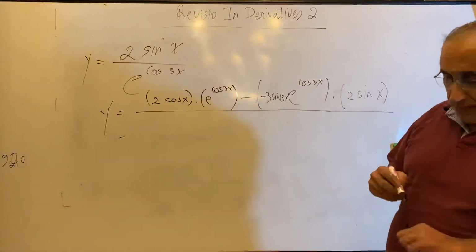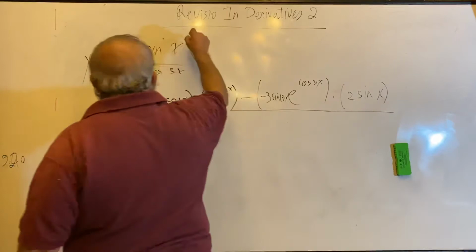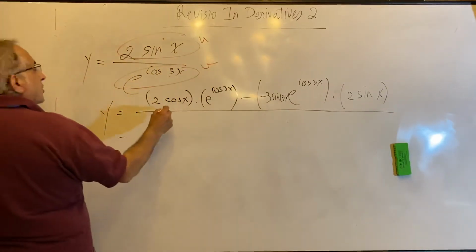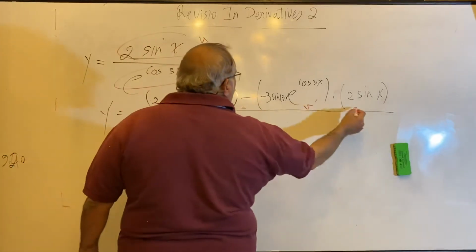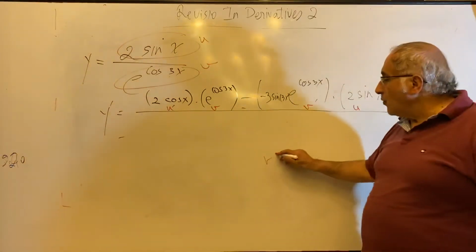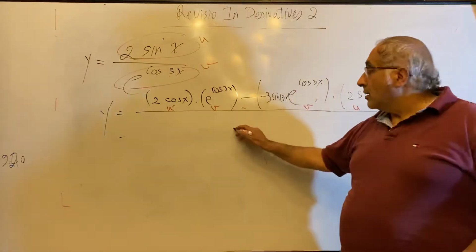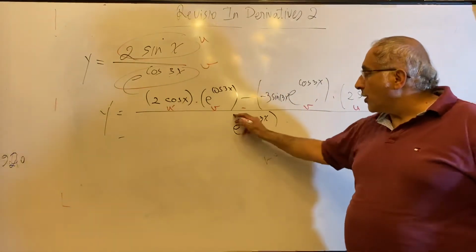Okay? So, if I call this u, and if I call this v, so derivative of the top times the bottom minus derivative of the bottom times the top. But we have something else. We have to square the denominator. Okay. e cosine 3x all squared.